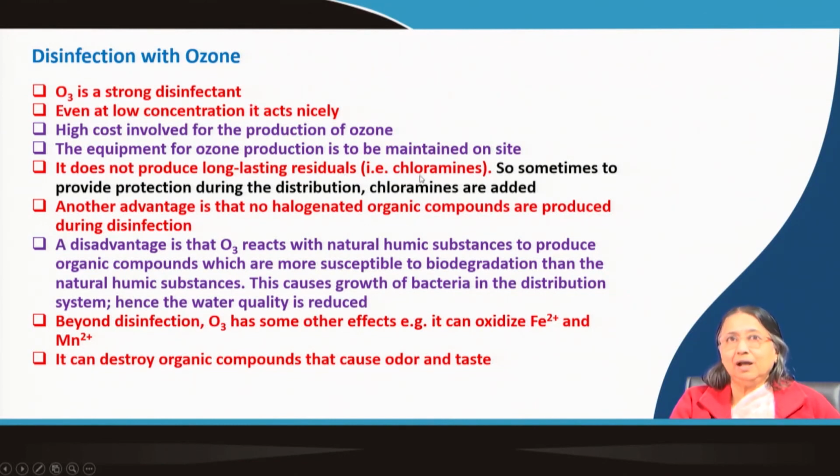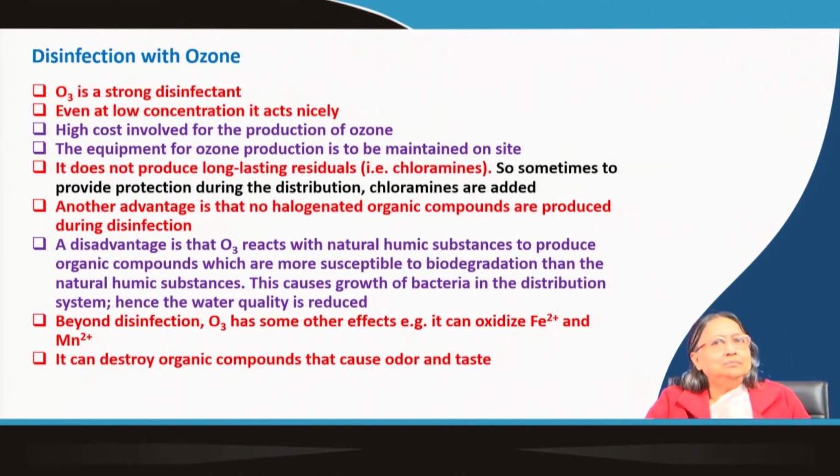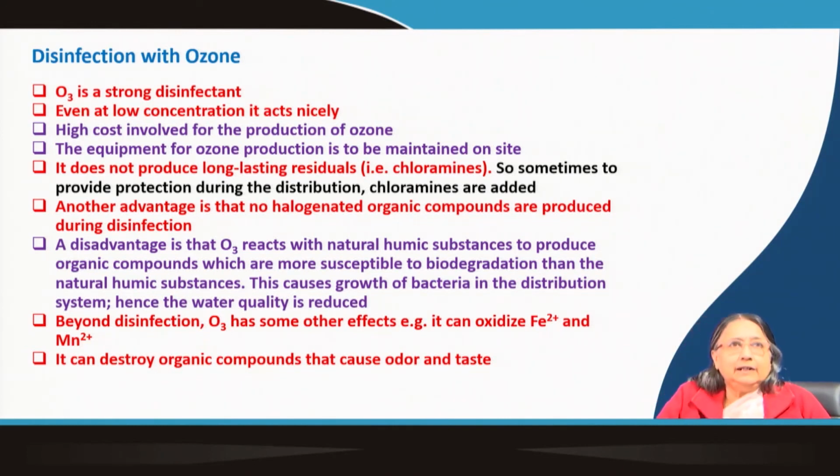It does not produce chloramines; sometimes chloramines have to be added, so you can call that a disadvantage. Another advantage for ozone is that no halogenated organic compounds are produced during disinfection, because halogen is not there, so how will halogenated compounds be produced. So, it is an advantage, right.